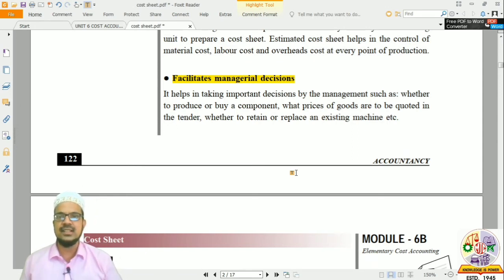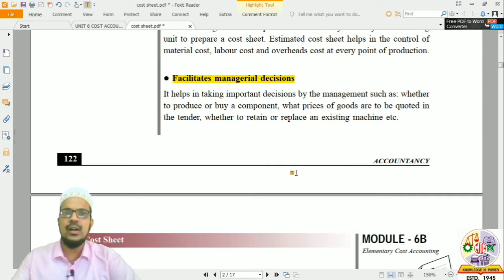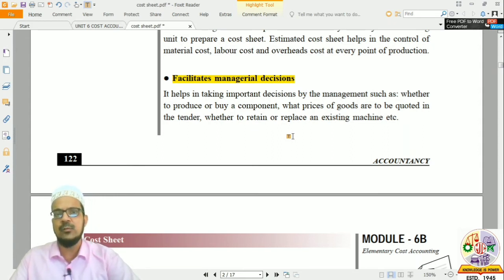All these decisions need to be taken by the management, and these decisions can only be taken if the management has proper data with them. The cost sheet will give proper product-wise data along with the cost classifications, and it helps the managers in taking various important decisions regarding the products. So these are the four advantages of the cost sheet.